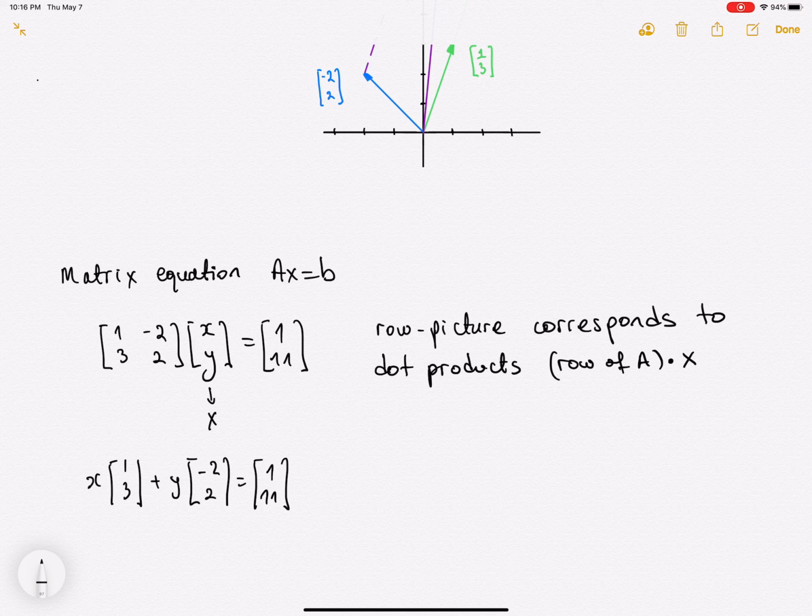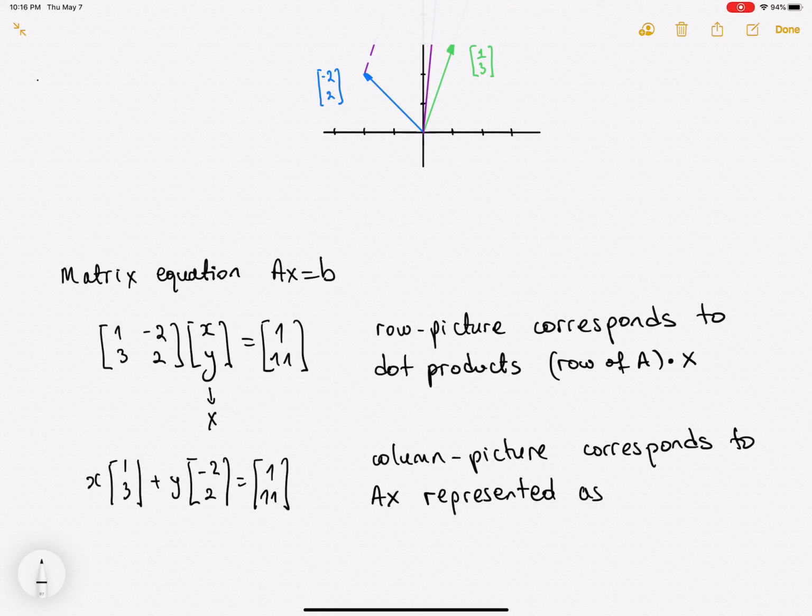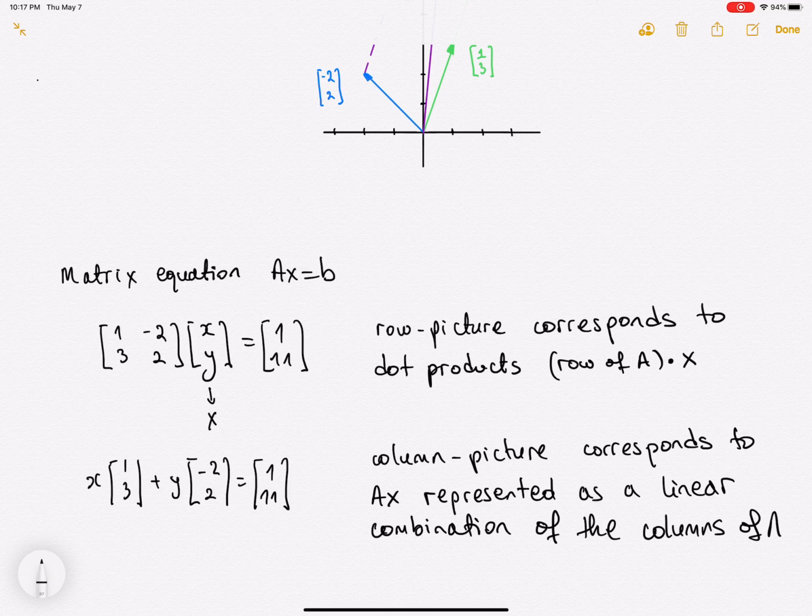So the column picture corresponds to AX represented as a linear combination of the columns of A. And we will be coming back to this time and time again.